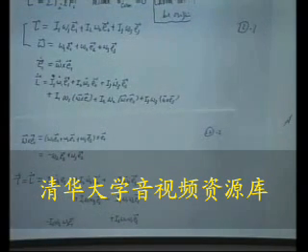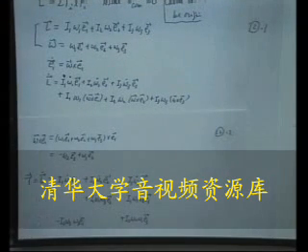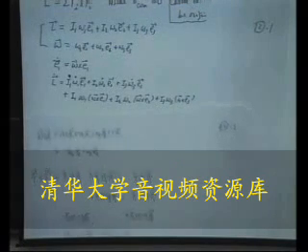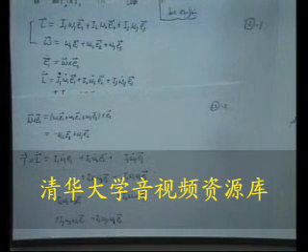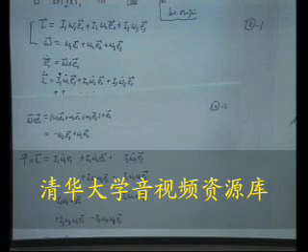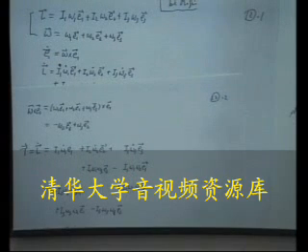The total torque is equal to the time derivative of the angular momentum. So in other words, I have the first component of the torque is equal to the sum of these three terms, is equal to I1 omega 1 dot plus I3 minus I2 times omega 2 omega 3.